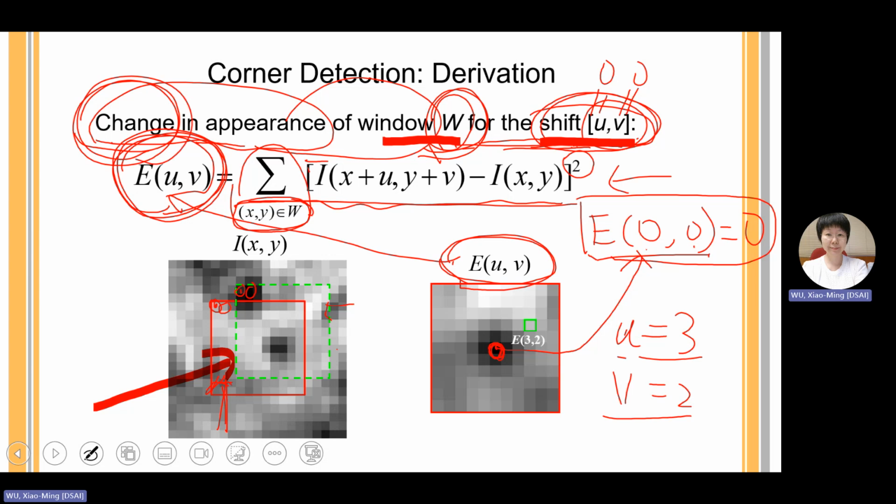Similarly, E32 represents the changes between the red window and the green window. Clear?